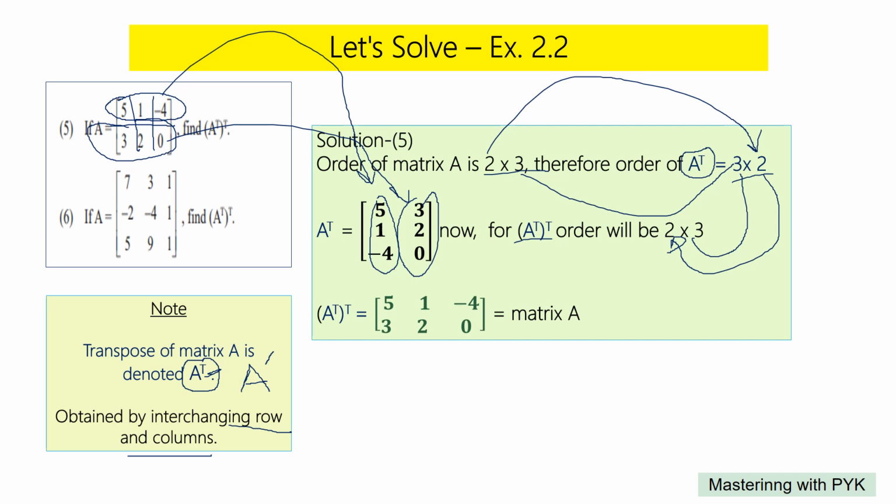So on solving this, the column becomes the row. This is 5, 1, 4 here, and this column will become the second row. This means we have come to the same matrix, that is matrix A, the original or the given matrix, right?